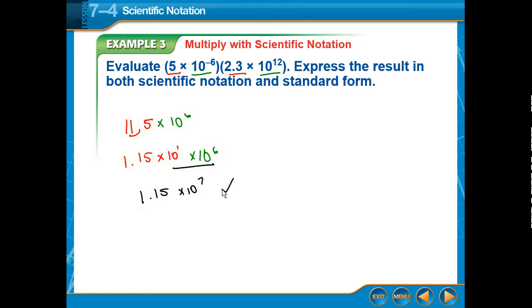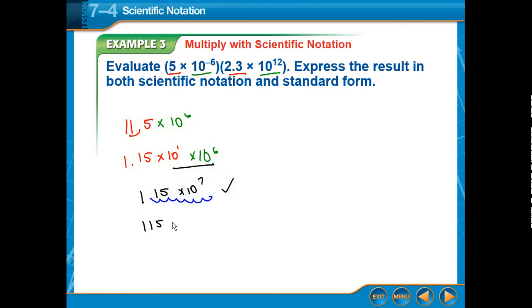Okay, if I were to write this in standard form, so it says scientific notation and standard form in the directions, I'm going to take this number and I want to make it bigger. This part here makes it bigger, so I move my decimal place. So now I move this 1, 2, 3, 4, 5, 6, 7. It's going to become filling 1, 1, 5.